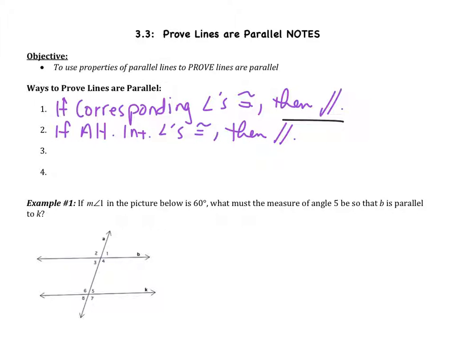Is that supposed to be ALT? Alternate, yes, ALT. Sorry, I like to abbreviate if we can. No, it looked like an H, that's fine. Okay. What was one of the other ones that we learned yesterday? Okay, she's saying if alternate exterior angles congruent, then parallel.